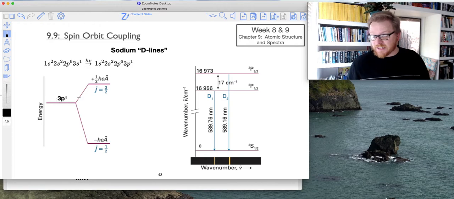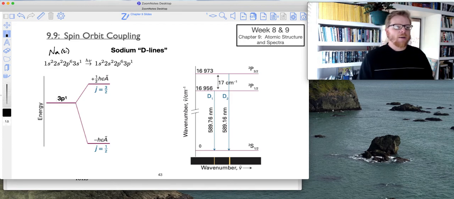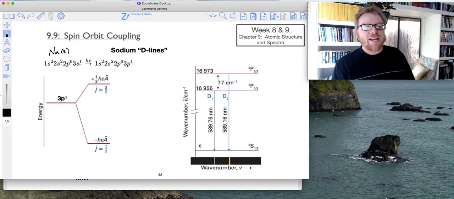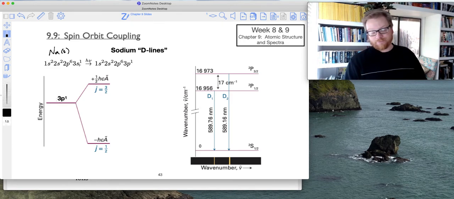So here's a realistic example. The sodium D lines, the very famous, lovely yellow sodium glow that we're used to seeing in a flame, approximately 590 nanometers. As it turns out, the sodium ground state, say sodium solid, is 1s2, 2s2, 2p6, 3s1.